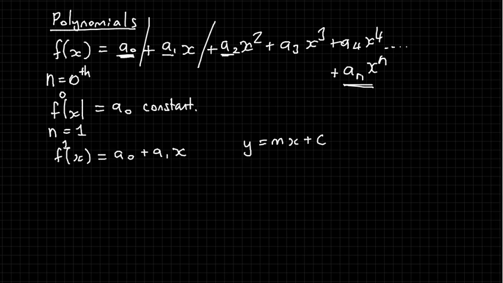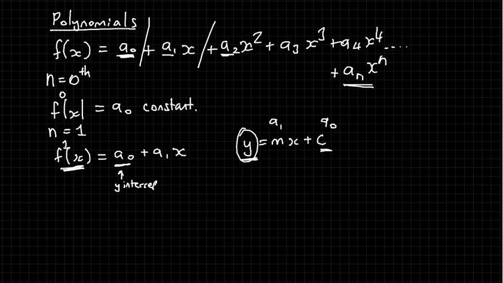We can see that y in this case is f of x, the function, because we're plotting f of x by the function mx plus c. We'll see that c is actually a0, and we see that m is a1. And so we can start to think about a0 as being kind of like a y-intercept.